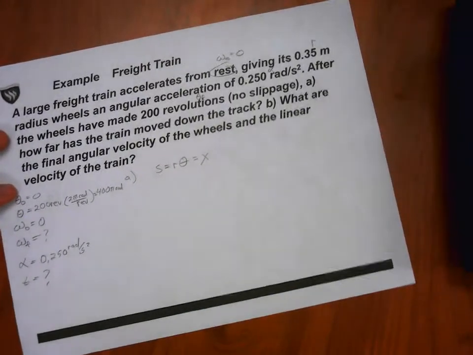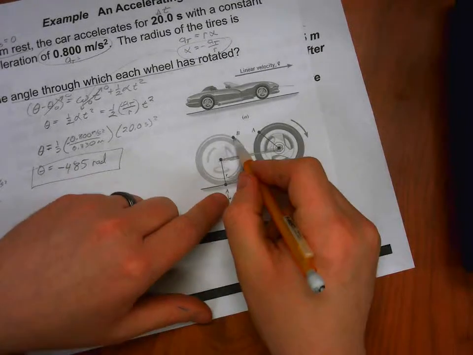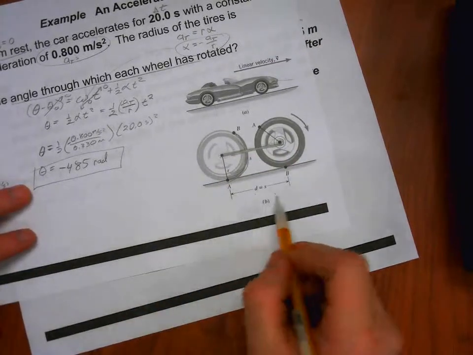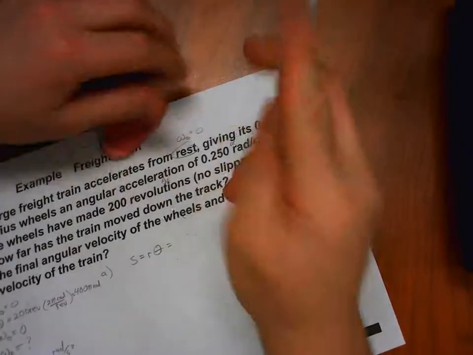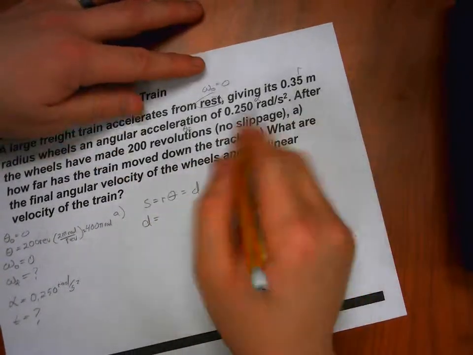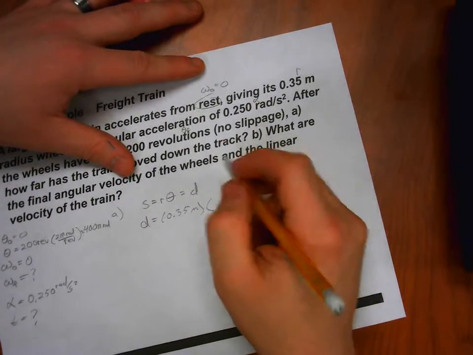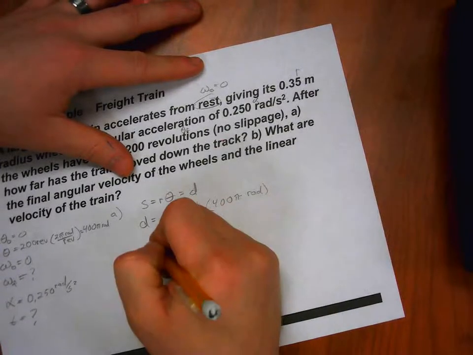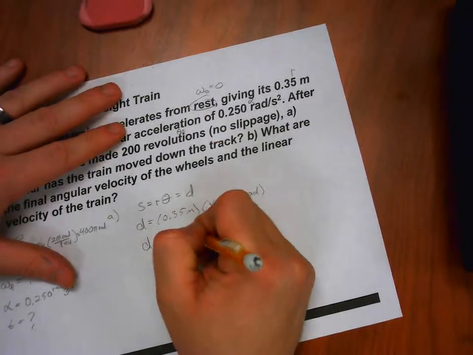If we go back to this little drawing here, the arc length s is equal to the distance that the middle of the wheel moves, d equals s. I'll call this d to keep it consistent. So d is equal to 0.35 meters times the angular displacement, which is 400 times pi radians, and d is then equal to 440 meters.